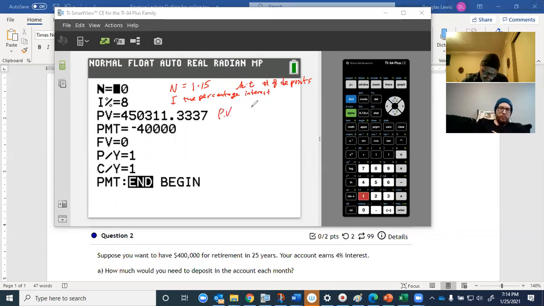PV stands for present value. So when you're making an investment, when you're starting out, you don't have anything. So you want to write present value there. That's what that stands for. What do you think PMT stands for? Anybody got a guess?